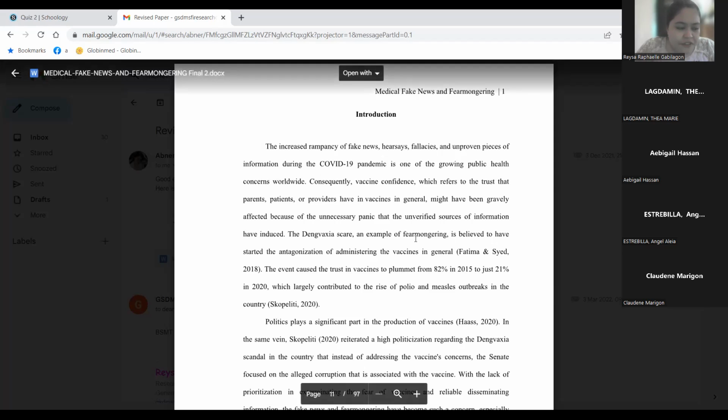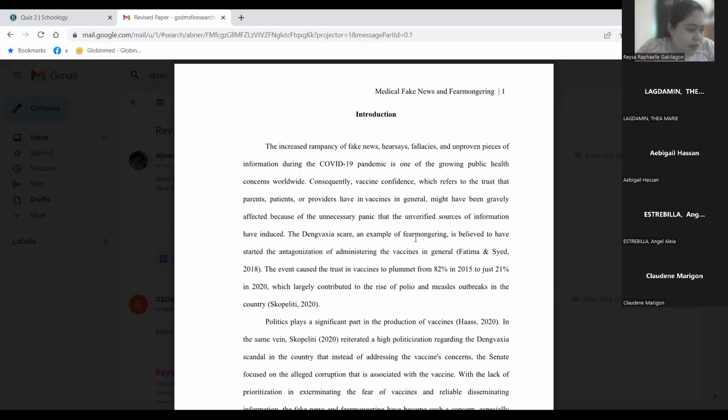But if in case you cannot locate any statistical data locally, that will be fine. Pero please exhaust all means to identify. Other researchers dati would go to the city health office just to get the local data. Yun yung ginagawa nila. They can find it in online sources. Pumupunta talaga sila sa city health office for the data.